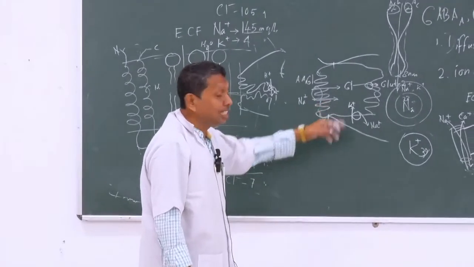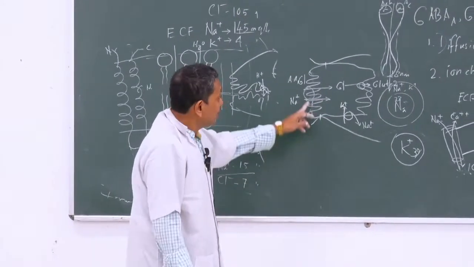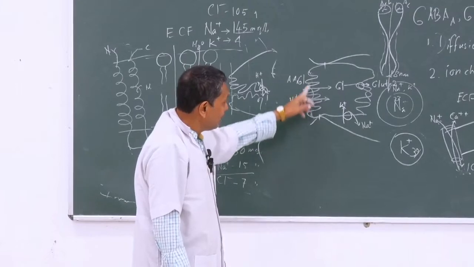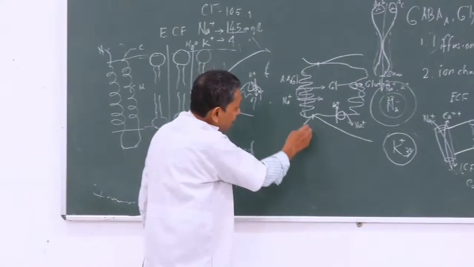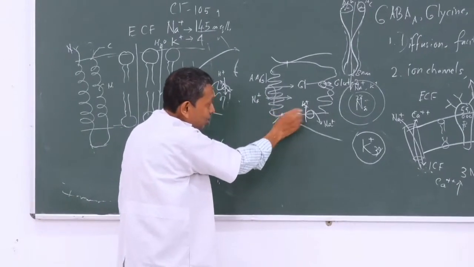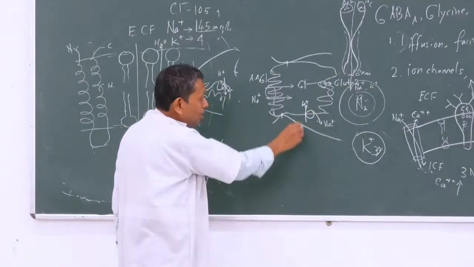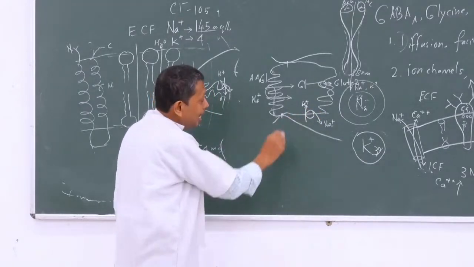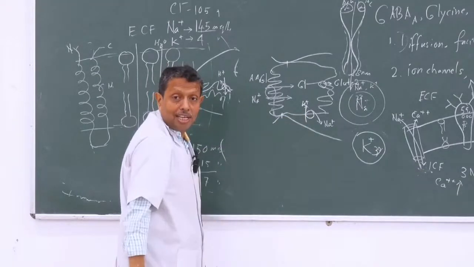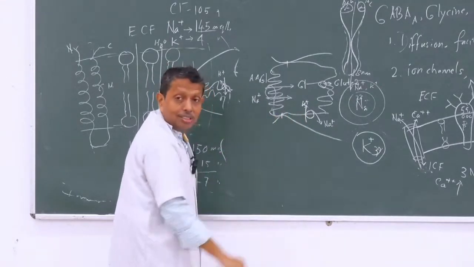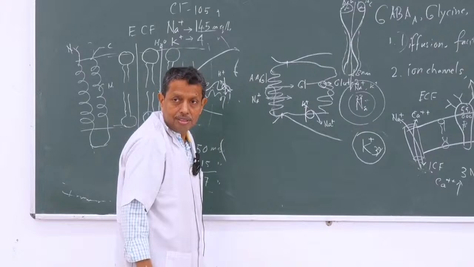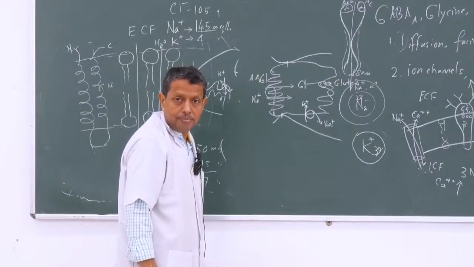This is because the cell maintains the polarity. The proteins that are embedded in the luminal side cannot traverse the tight junction to the basal side. Similarly, sodium potassium ATPase is inserted in the basolateral side. It cannot go the other way. Polarity is maintained.